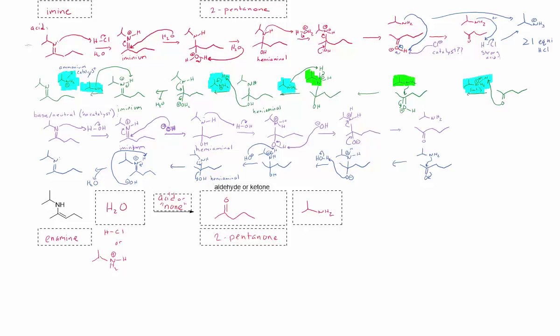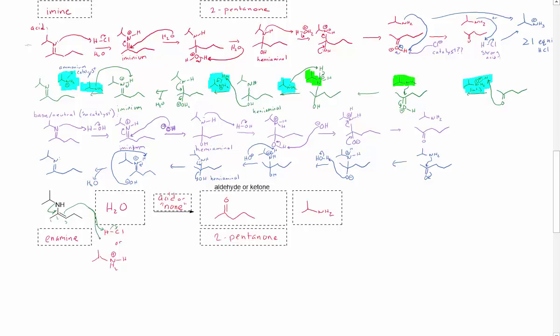Whichever acid source we choose to use, we would start by protonating the enamine at carbon 3. So here's 1, 2, 3. Carbon 3 gets protonated by whichever acid we're using.